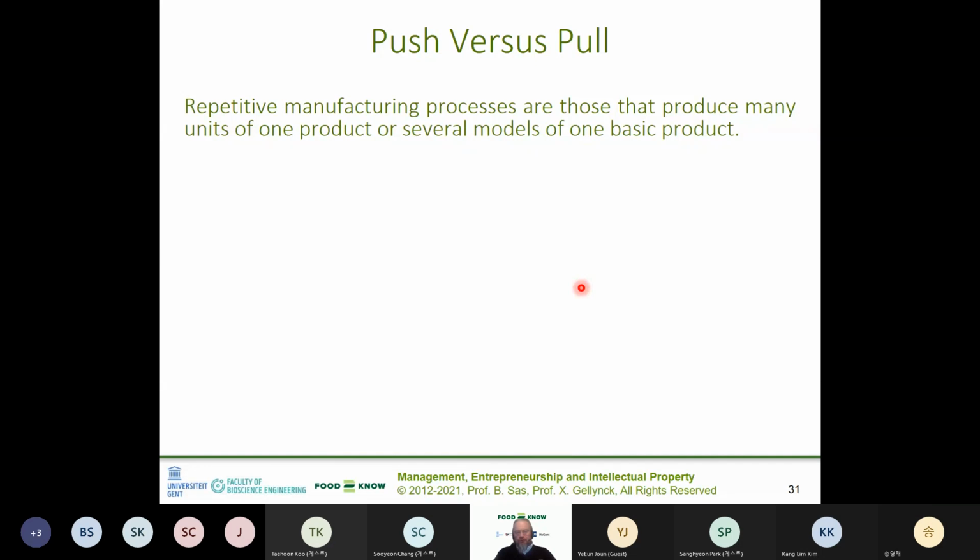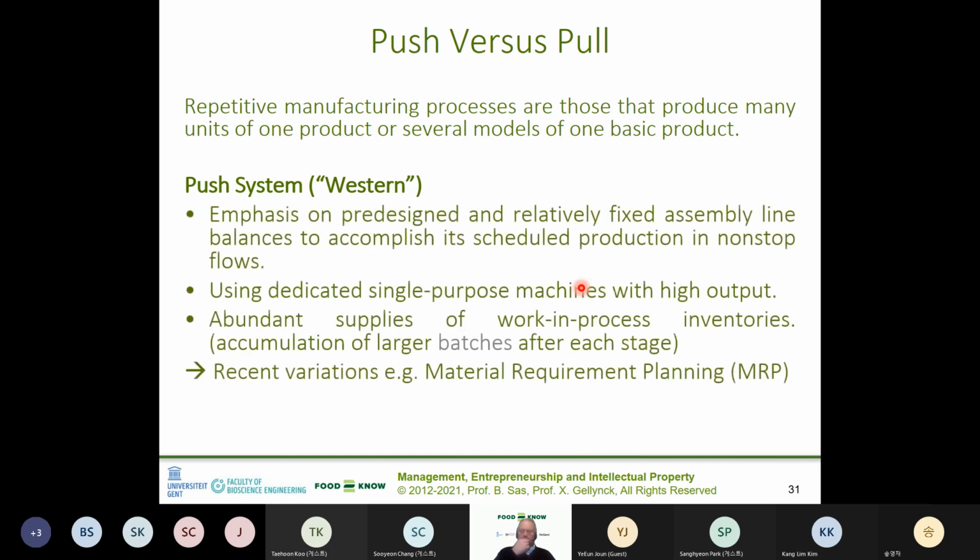Let's talk about push versus pull. So you have repetitive manufacturing processes. And the push system was a very Western system, also dating back from the Industrial Revolution. So here the idea was we will work hard. If we are in bad numbers, we'll work a bit harder, and we just start producing, and then okay, we sell it.